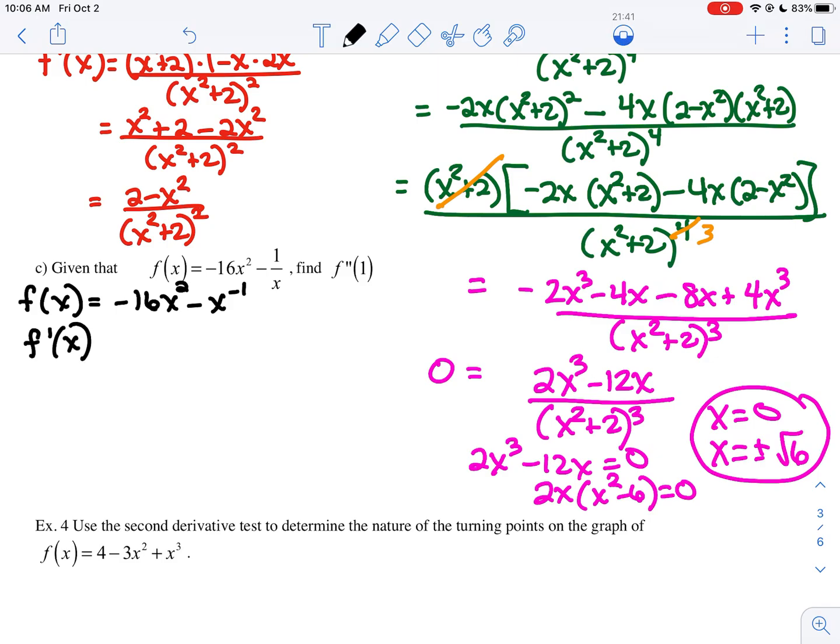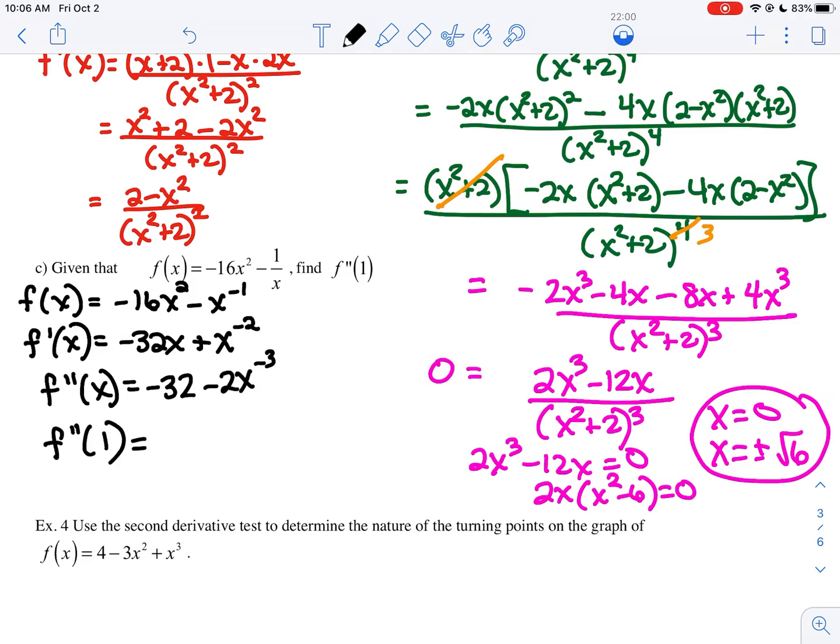So the first derivative would be negative 32x plus x to the negative 2. Then I'm going to go straight to the second derivative. That's negative 32 minus 2x to the negative 3. Then I want to find f double prime of 1, and I get negative 34.